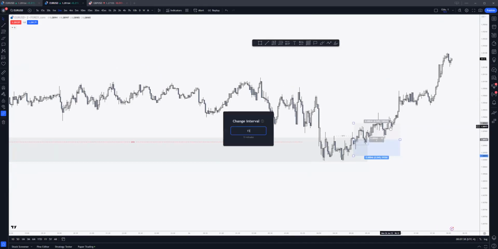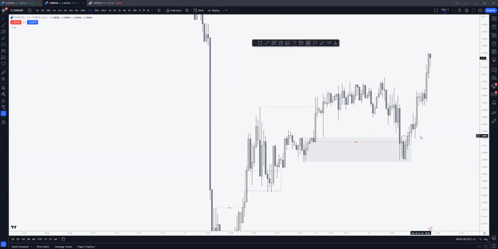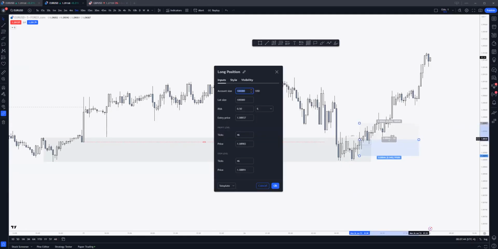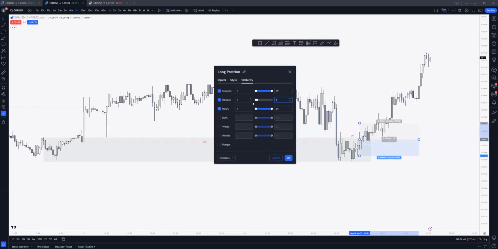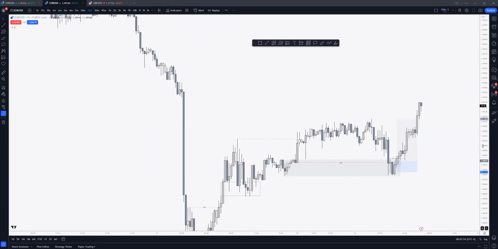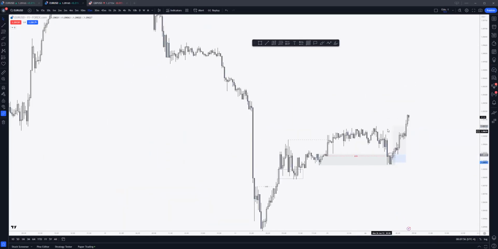And then what you would target is that high, right? And here you have some more imbalance to fill. So for me, I'd probably target up in here, or at the bare minimum up in here.